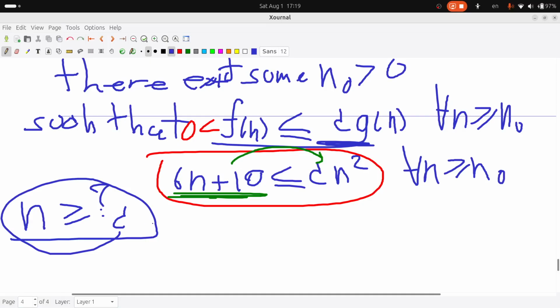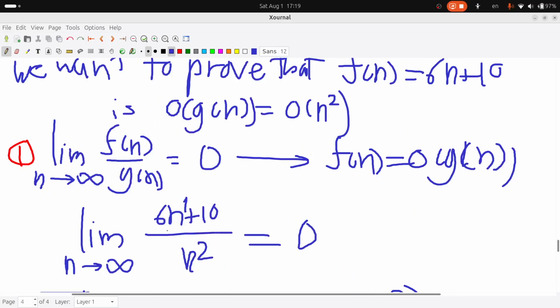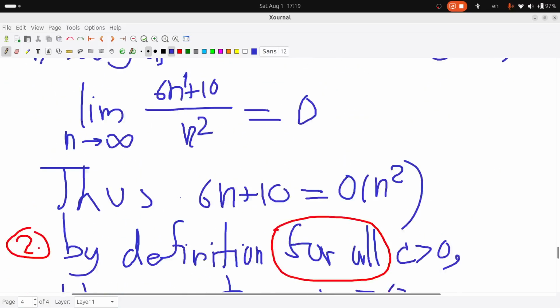So let me think of how we can write this one. Actually, we can just prove this by the limit method, and it is the easiest way to prove this.